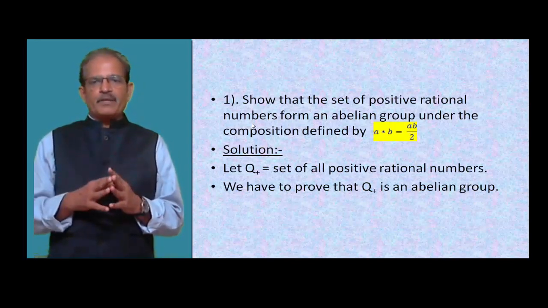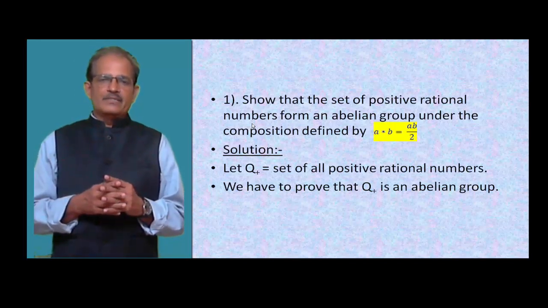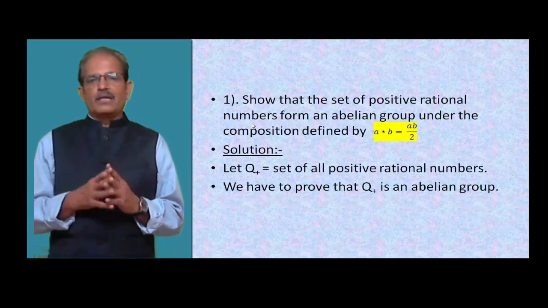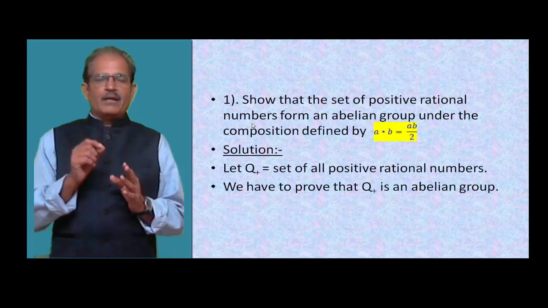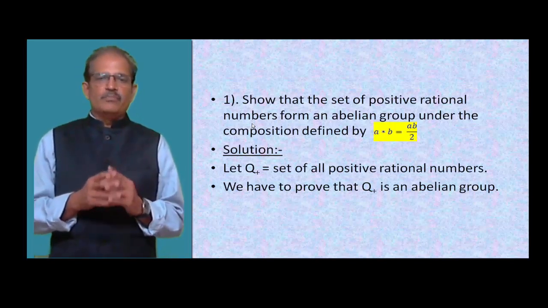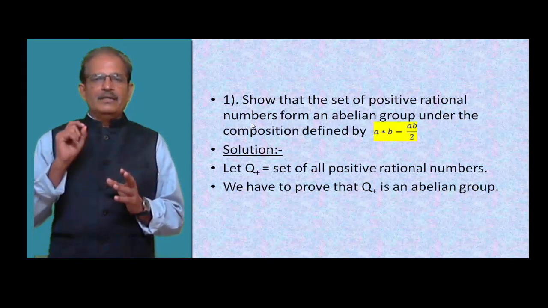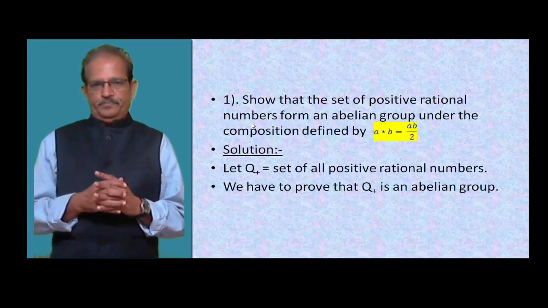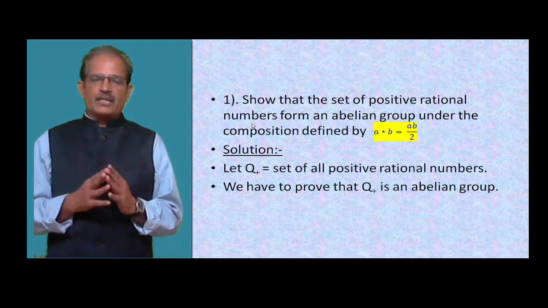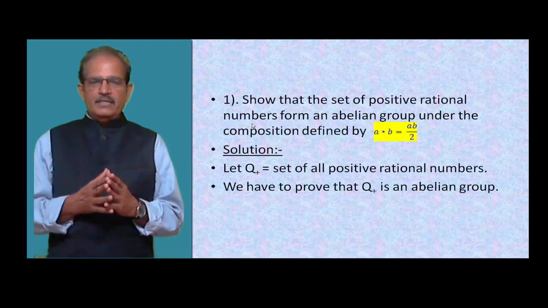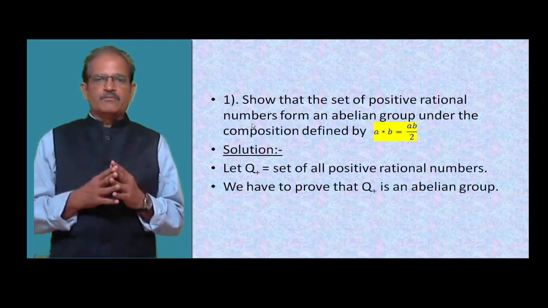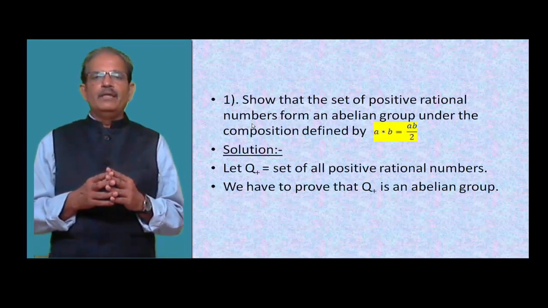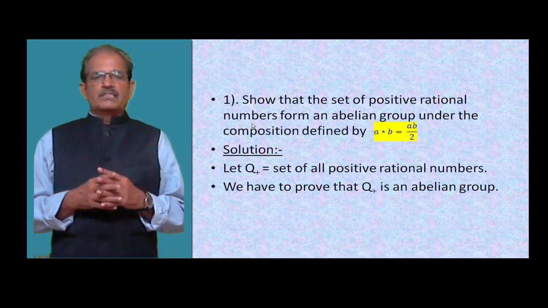And the binary operation defined on the set is, if A and B are two rational numbers, A star B is nothing but AB divided by 2. So with this composition, you have to see whether the set of positive rational numbers forms an abelian group. So see the solution.